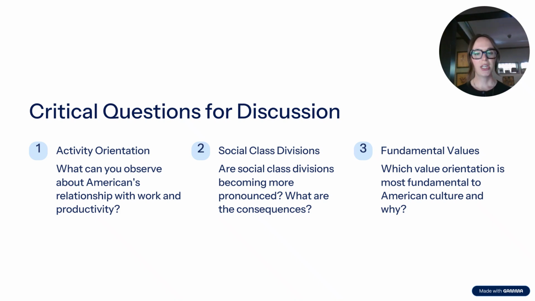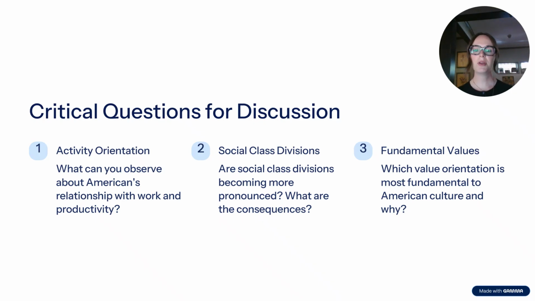For the second question, I ask, are social class divisions becoming more pronounced in the US, and what are the consequences of those? How do we see the divisions in various social classes in different parts of the US be more significant, be more prominent, and what are maybe some consequences that we see within those divisions?